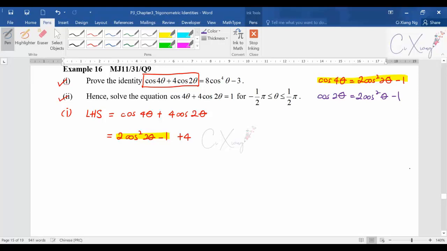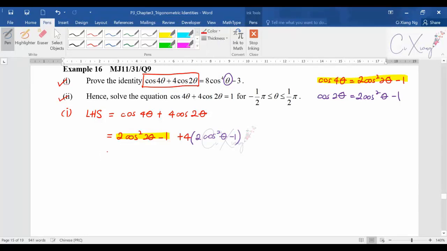Maybe you ask me, how many times or how far should you expand it? Again, I look at the question. My question only has theta, so my final answer shouldn't be in 2 theta. I want it to be in theta. Therefore, cos 2 theta here, I will change to 2 cos square theta minus 1.